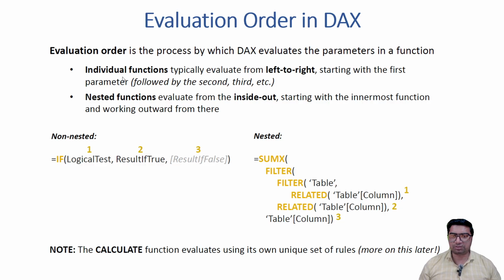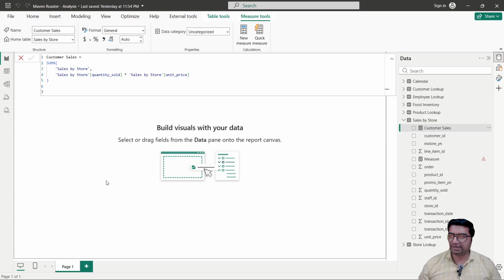Before this topic, let's create some small measures in our Power BI Desktop. I'll open Power BI Desktop, and I have already written the customer sales measure. Let's create some more measures and take some cost.